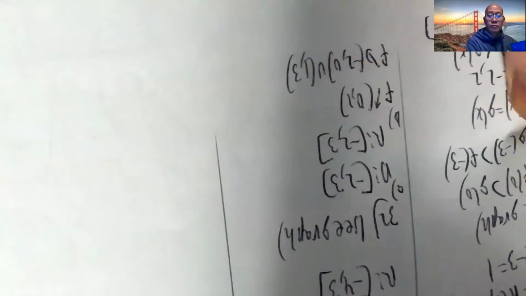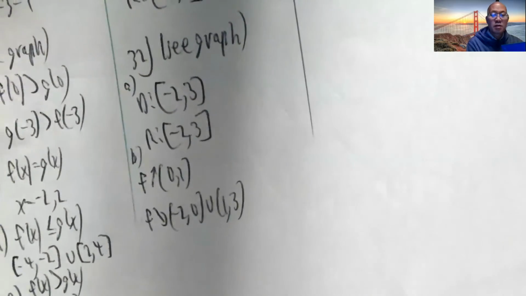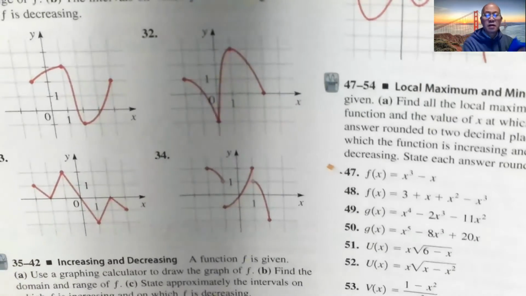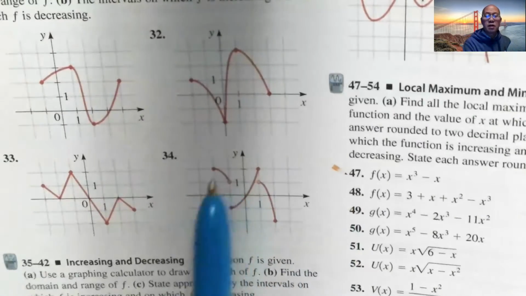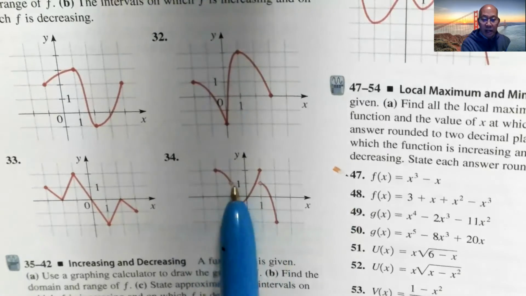Okay. As you can see there, and I accidentally hit the invert button. So let me get it back to the way it was. Okay. All right, then 34. It's kind of a weird graph. But if I go from -2 to 2 for x, I do cover everything.